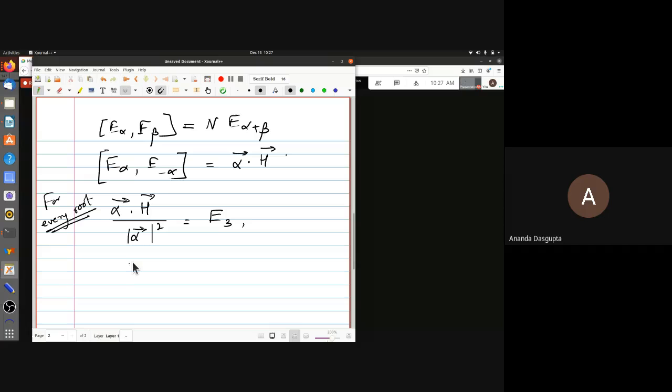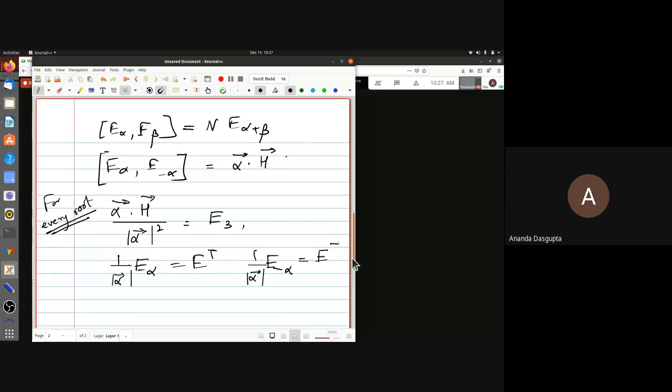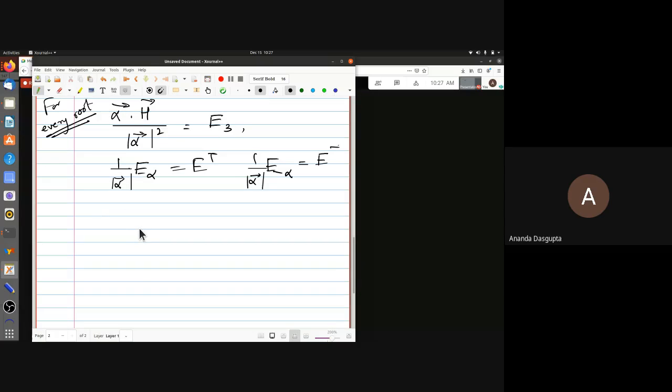And you use E alpha by mod alpha as E plus, and E minus alpha by mod alpha as E minus.